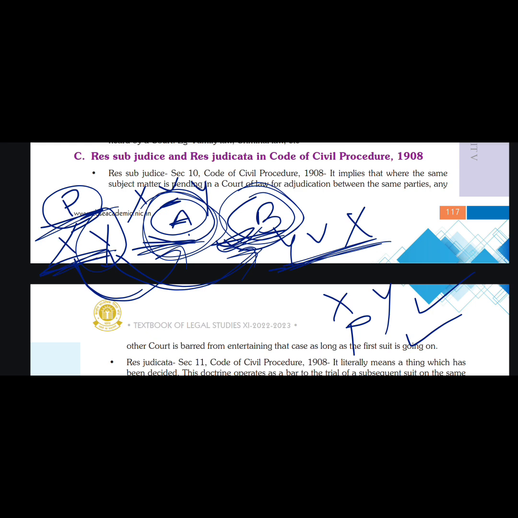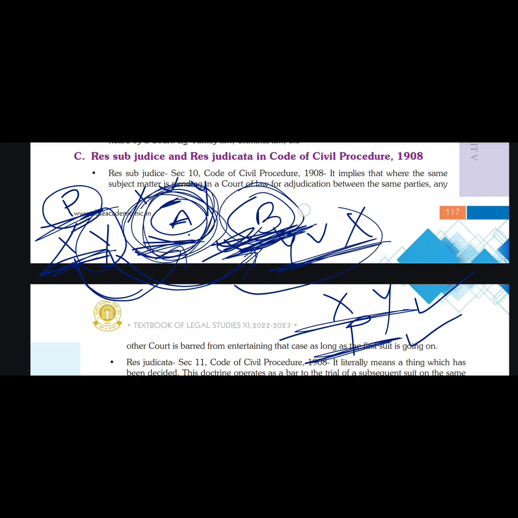Repetition and waste of the court's time, knowing the fact that there are many cases pending for many years and there is a huge pile of pending cases, and still you are wasting the court's time by instituting a fresh suit between the same parties on the same subject matter in a different court when you have it pending in one court already.